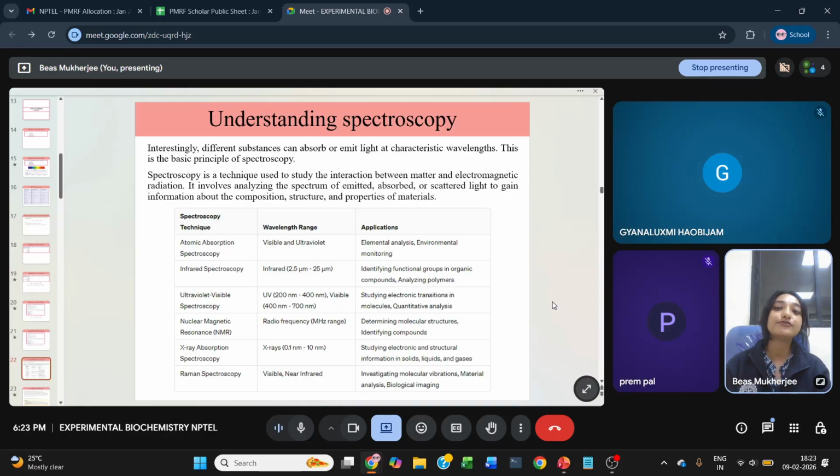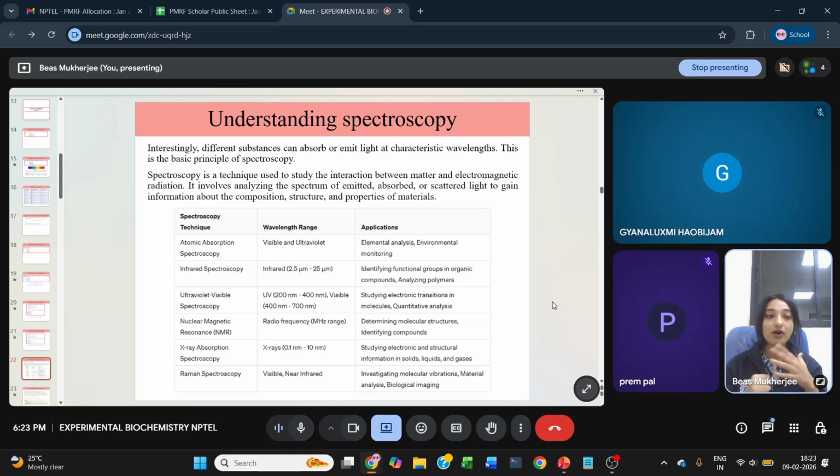Interestingly, different substances can absorb and emit light at characteristic wavelengths. This is the basic principle of spectroscopy. Let's say there is some substance that absorbs light at a particular wavelength and emits light at a particular wavelength. The wavelength that we see also depends on which wavelength it is emitting.